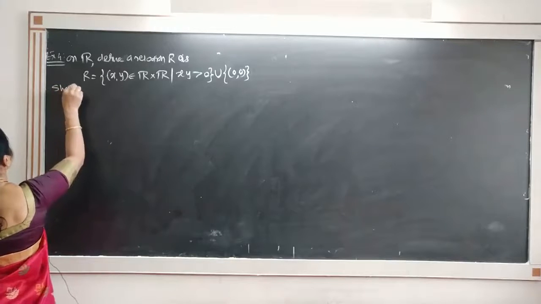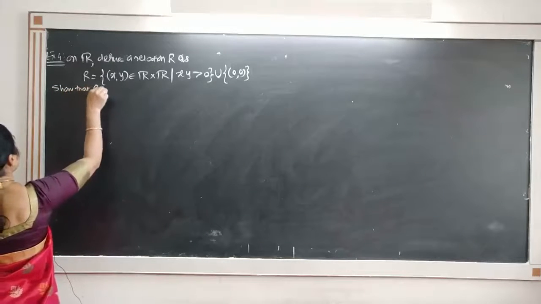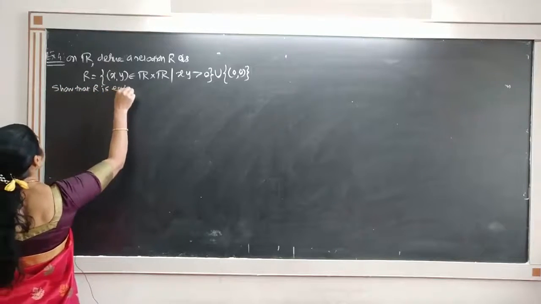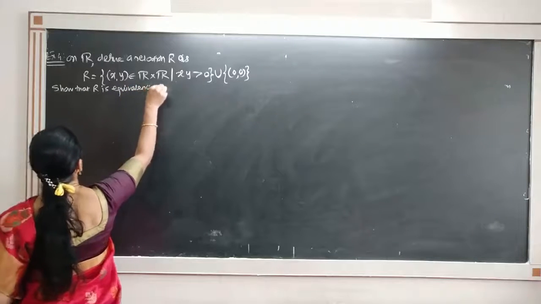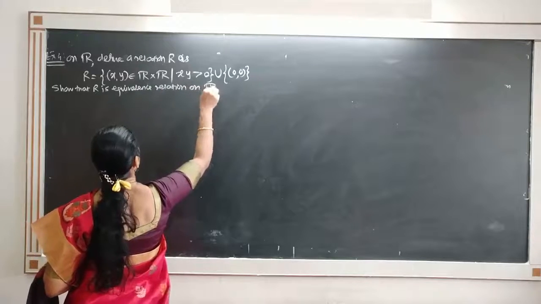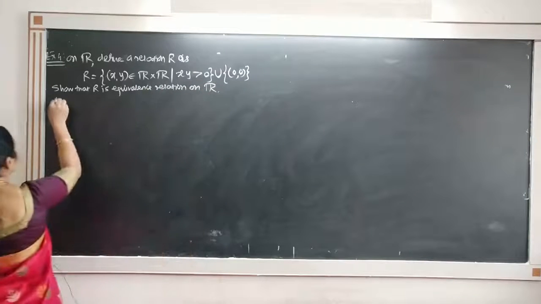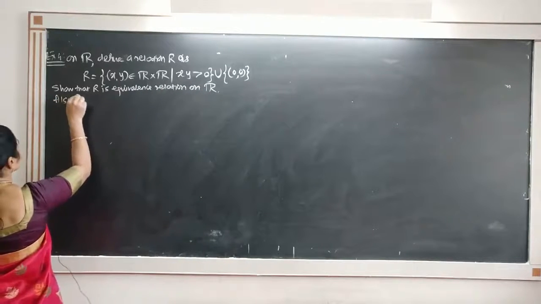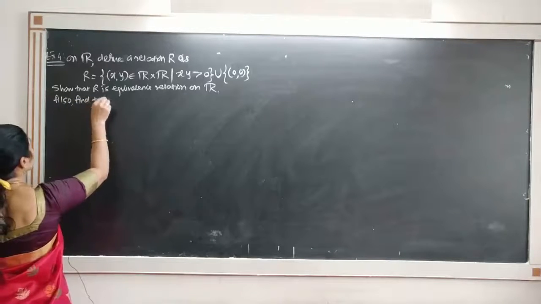Show that R is an equivalence relation on real numbers. Also find the equivalence classes.